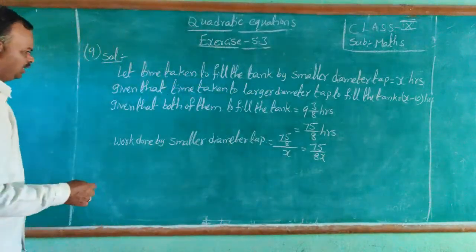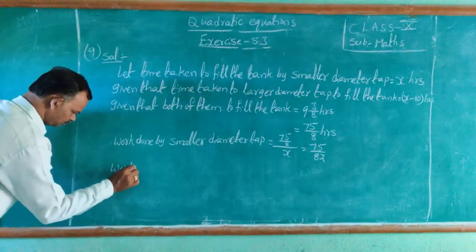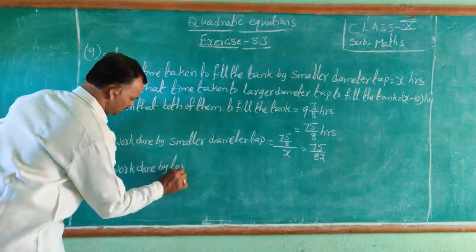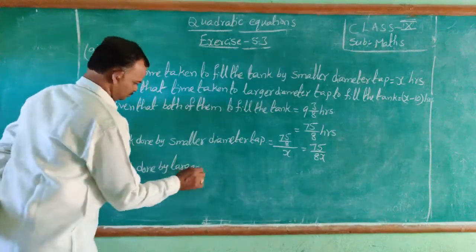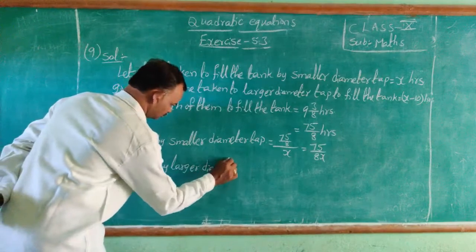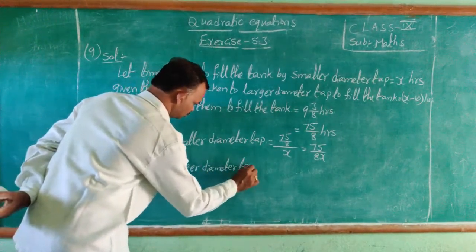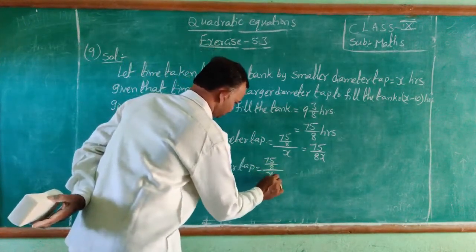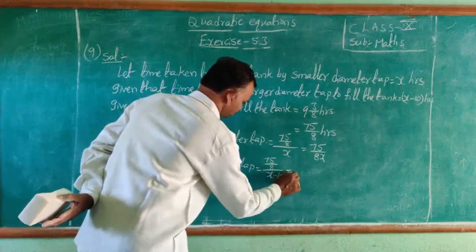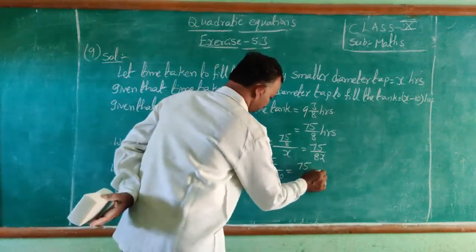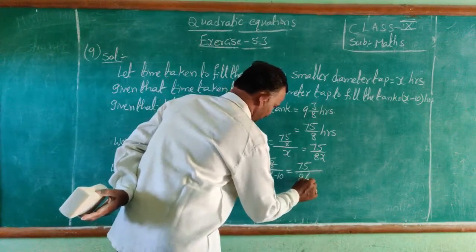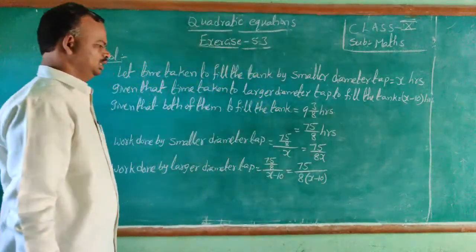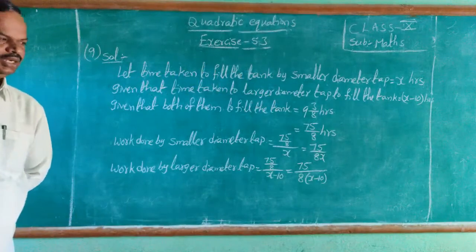Next, work done by the larger diameter tap is equal to 75 by 8 by x minus 10, that is 75 by 8 into x minus 10.